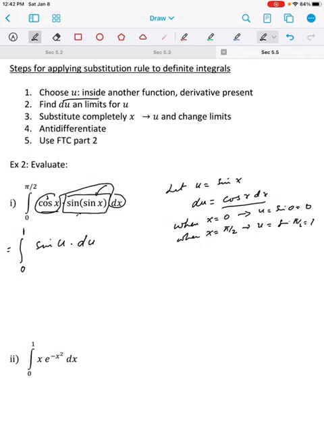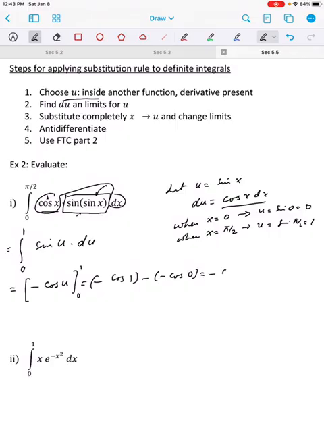So now we anti-differentiate. Anti-differentiating sine of u, we get negative cosine of u. And if you recall, we have a negative sign outside, and we will apply the fundamental theorem of calculus, and we can have negative cosine of 1 minus negative cosine of 0.